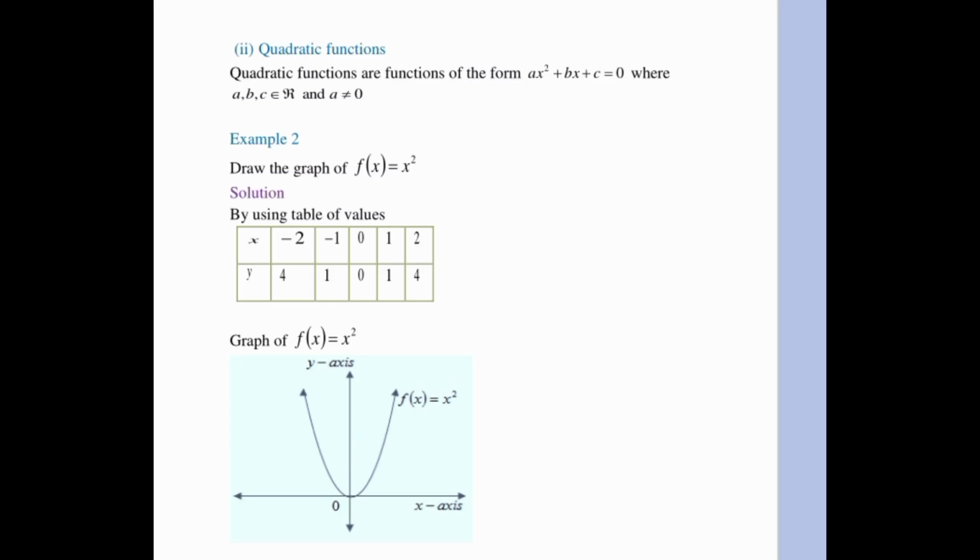The points of intersection of a parabola with the x-axis satisfy f of x is equal to 0, and are called the zeros of a quadratic function.